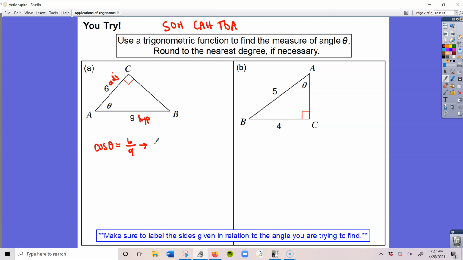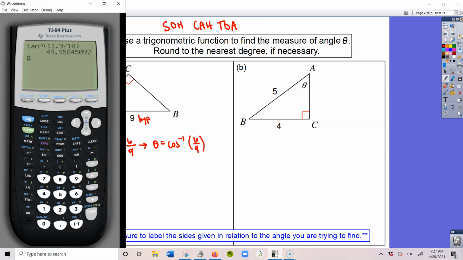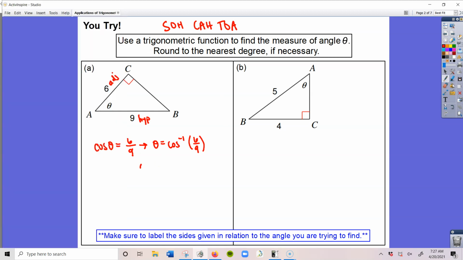So that means that theta is going to equal the inverse of cosine of 6 over 9. So now I go to my calculator, second cosine, so it activates the inverse, 6 over 9, which gives me 48.18. And again, we're going to round to the nearest degree. So that means that theta is equal to 48 degrees.